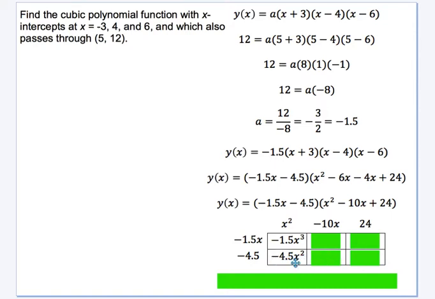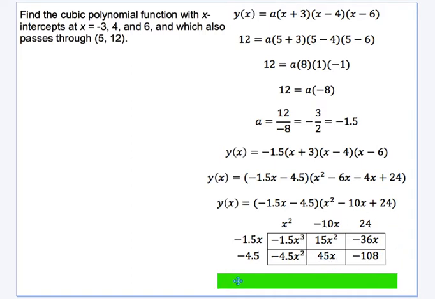x squared is negative 4.5 times x squared. Here, the negative 10 times negative 1.5 gives me positive 15, and then x times x is x squared. Negative 10 times negative 4.5 gives me 45, and then times x, and then I keep doing my math, and I get these terms in my box.